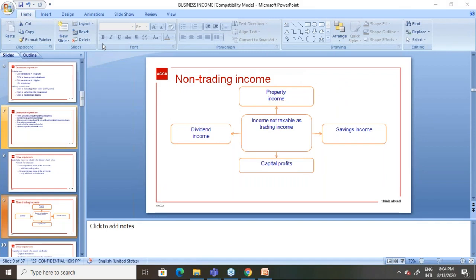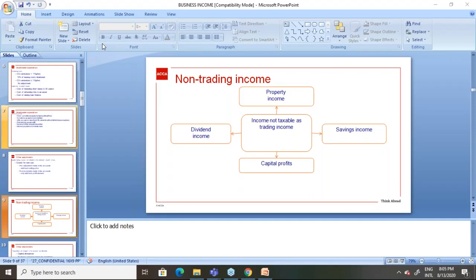Then, when it comes to non-trading income, I told you, in accounting, when you're calculating the net profit, we do not limit to trading profits. In addition to the gross profit or the trading profit, we take interest income, rental income, dividend income.